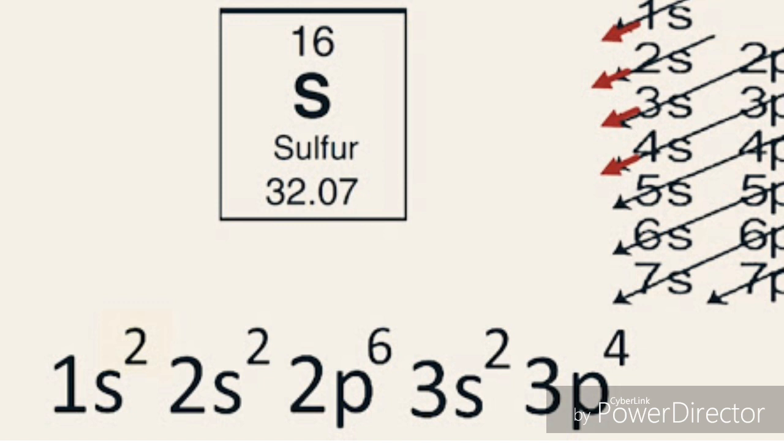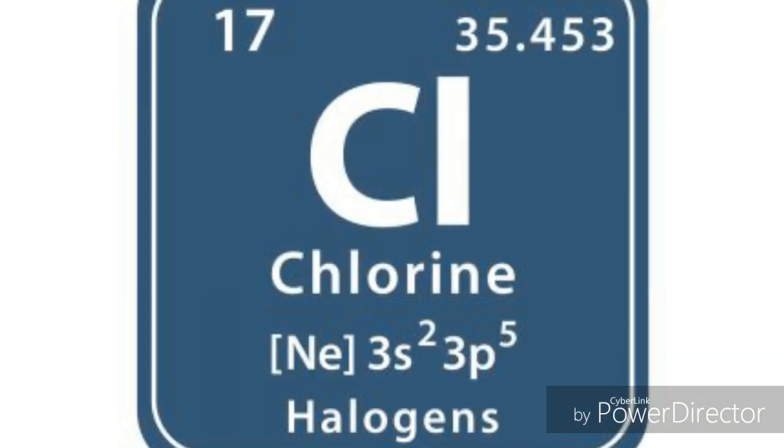Like this we can write, or show the noble gas in brackets followed by the remaining electronic configuration. Chlorine: here you see neon is shown in brackets followed by 3s2, 3p5. Chlorine atomic number is 17. So we can write like this. This is an easy way of writing the electronic configuration.